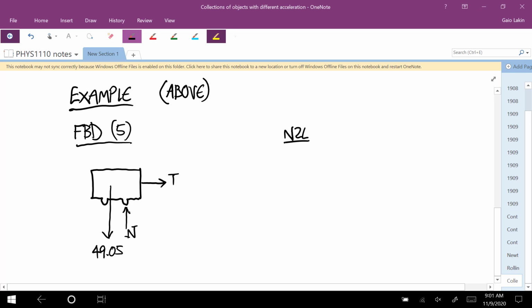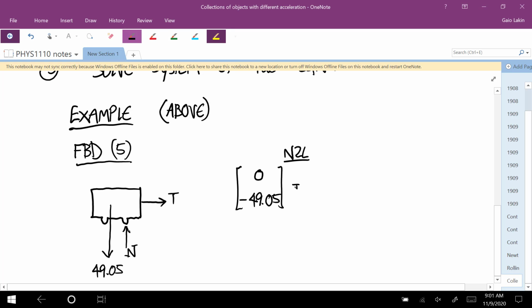And so now go to Newton's second law. And you have 0, negative 49.05, the normal force, the pulling force, and these are equal to the mass times the acceleration, so 5 times.